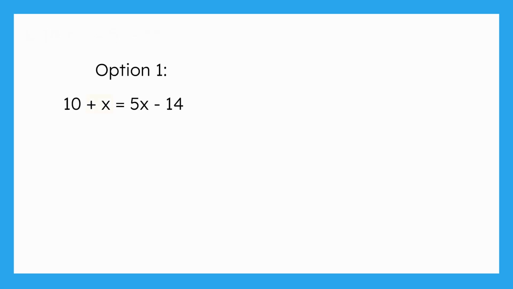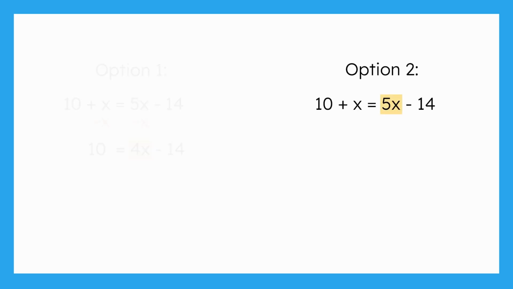One option is to eliminate x on the left by subtracting x from both sides, making 10 equals 4x minus 14. Now there's only one x term left on the right side of the equation. The other option would be to cancel 5x instead, which we could do by subtracting 5x on both sides, creating 10 minus 4x equals negative 14.